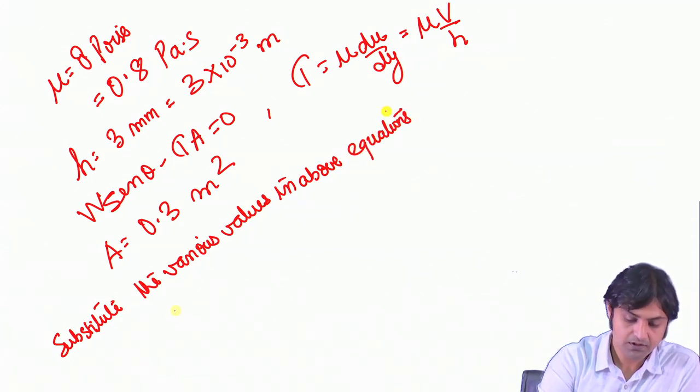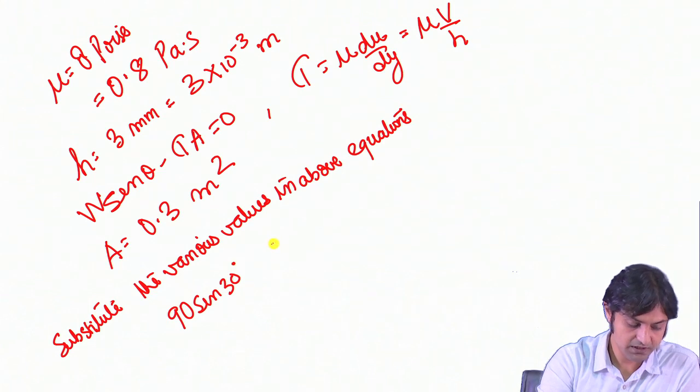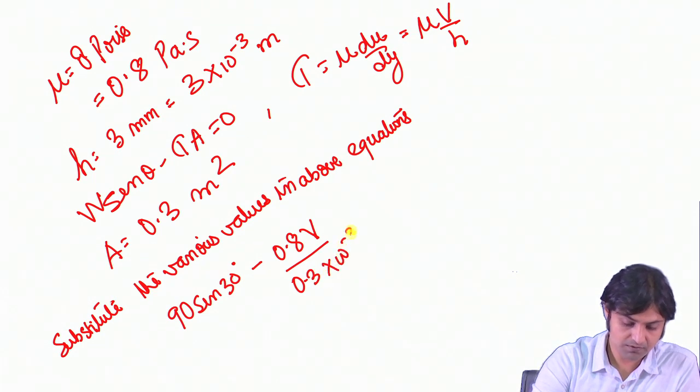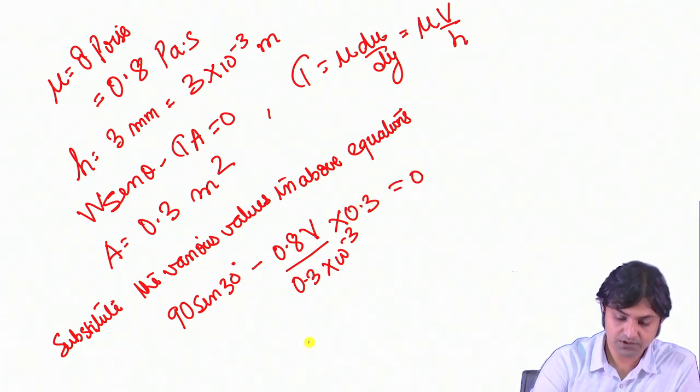W is 90 Newton, it is given, sin 30 minus shear stress, which is mu, that is 0.8, V divided by H, which is given as 0.3 into 10 to the power minus 3, multiplied by area, that is 0.3, is equal to 0.